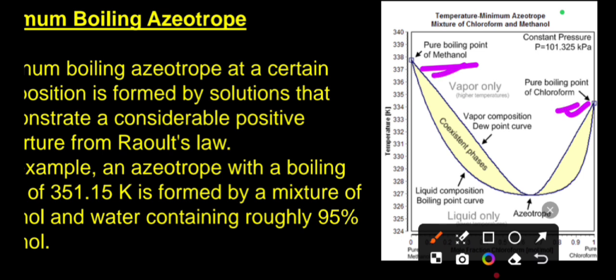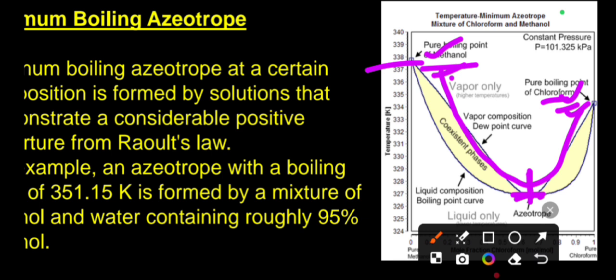You can see that before mixing, the boiling point of methanol was more than chloroform. But after mixing, it becomes a single boiling point at this point, and it is less than the value of both. So now it is called minimum boiling azeotrope.